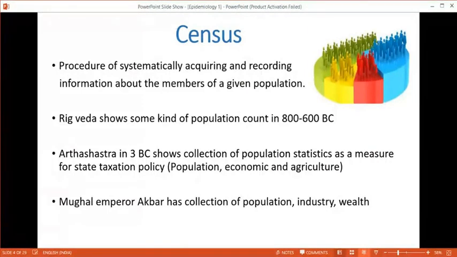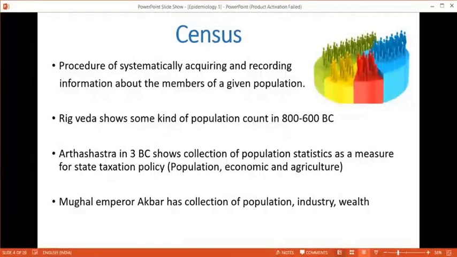The population studies, the literature, if you go back, it says in 800 to 600 BC in Rig Veda, there has been some reference saying that a population count was done. And slowly the next thing, Arthashastra in 3rd BC shows a collection of population statistics.